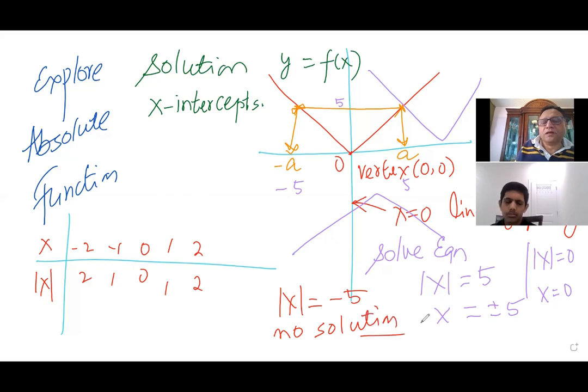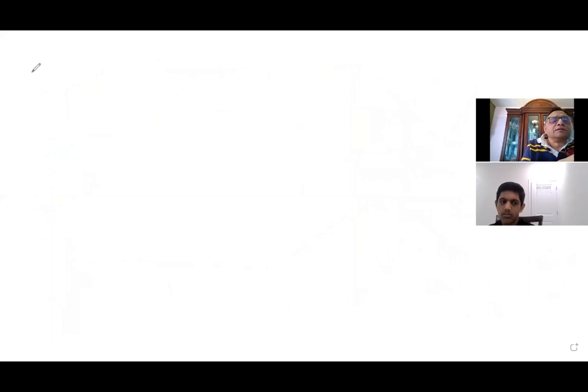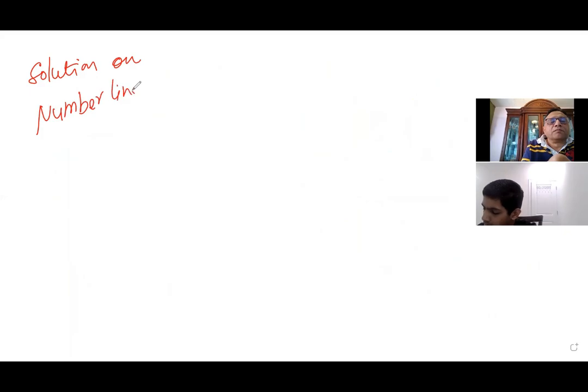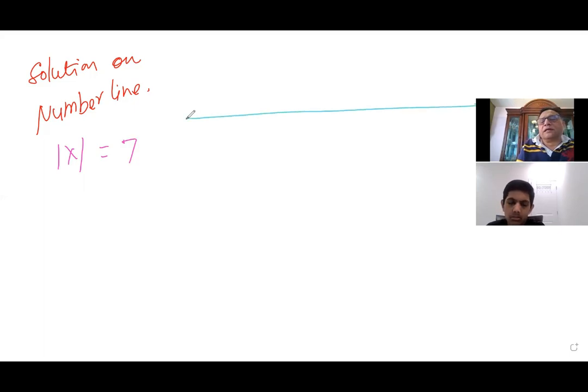Okay. Now we are going to represent the solution of an absolute function on a number line. So let's look into that part. Let us say I have an equation which is absolute value of x is equal to 7. Then on a number line, I can always represent the solution like this. That is my number line.